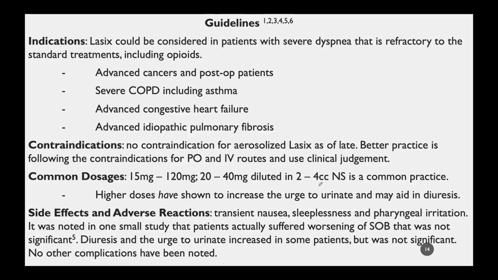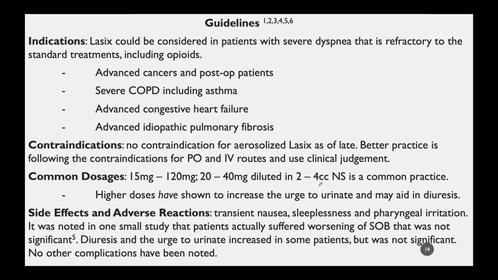So it was noted in one small study, and that's the thing, I want to present the good and the bad too, that patients actually suffered worsening shortness of breath. However, it was not significant. Now, I want to bring back to this too, that the majority of the studies that are out there are showing benefits from Lasix.